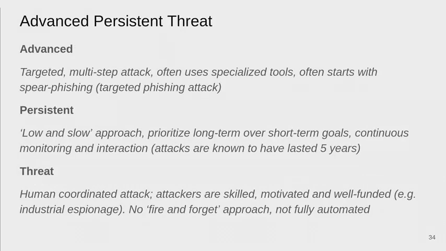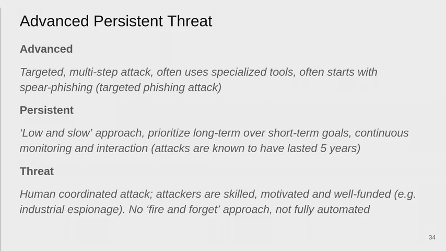One more note: you often read in the press about APT, the Advanced Persistent Threat. So one more terminology for you to add. APT means it's an advanced and persistent threat. Advanced means it's targeted, multi-step, often using specialized tools, often starting with a spear phishing attack, a customized phishing attack against only certain individuals.